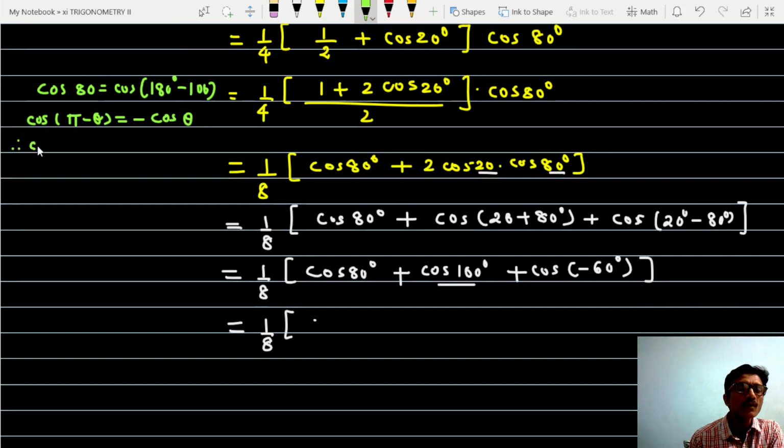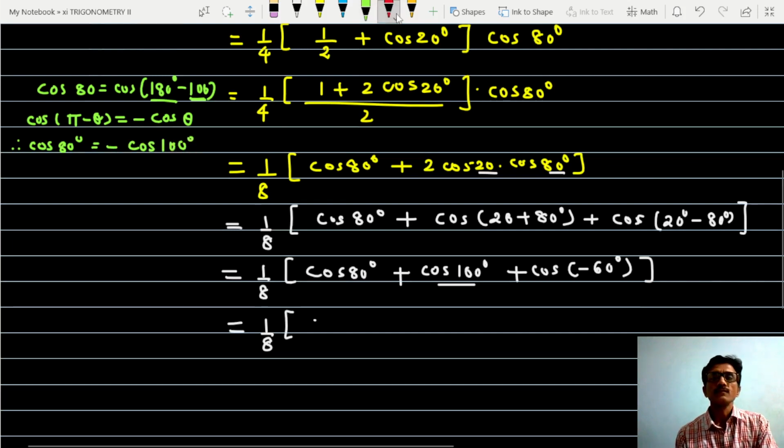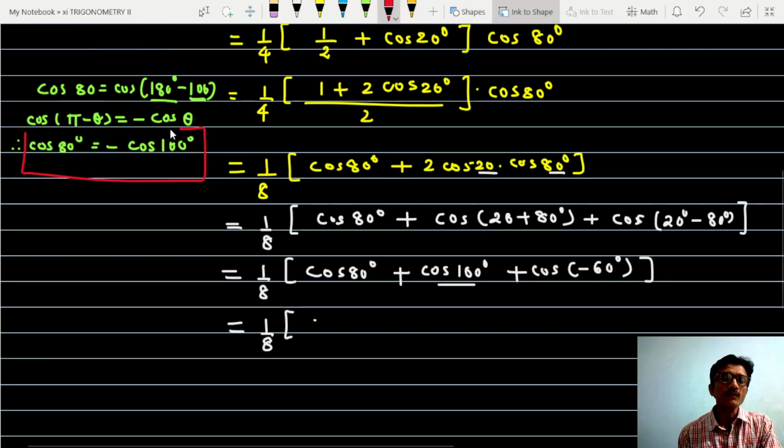Therefore cos of 80 degree, see here cos of 180 means pi minus 100, so it will be equal to minus cos of 100 degree. So we have cos of 80 equal to minus cos of 100 degree.